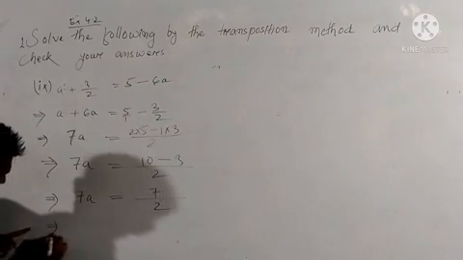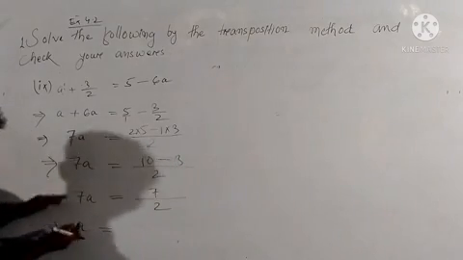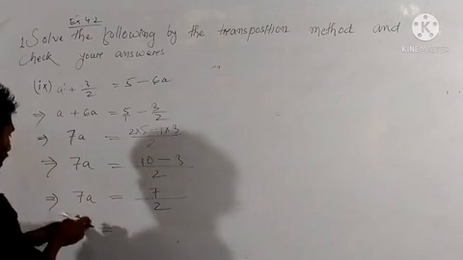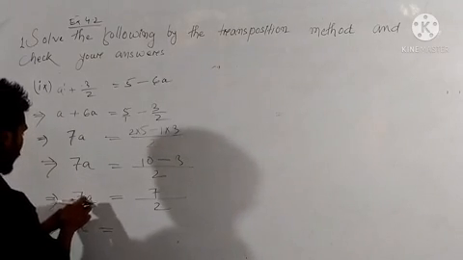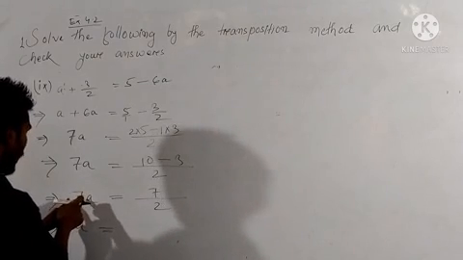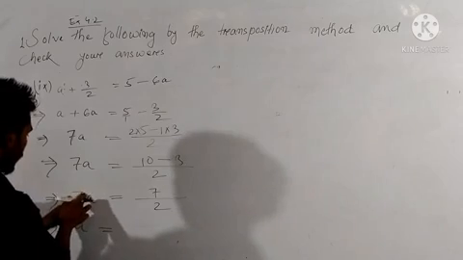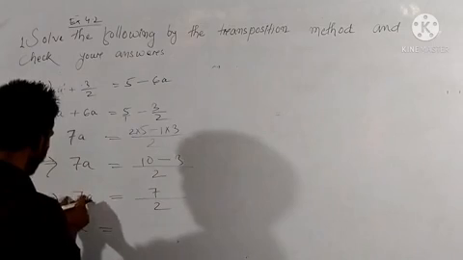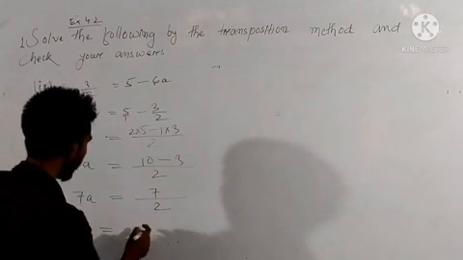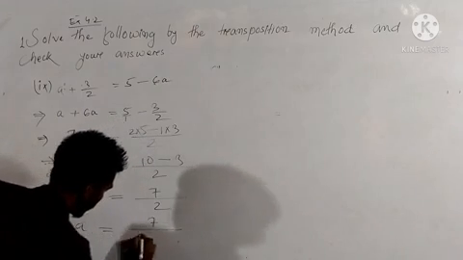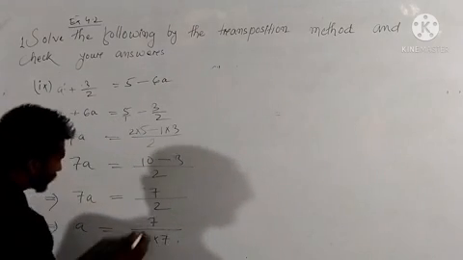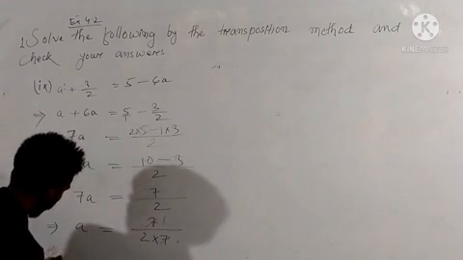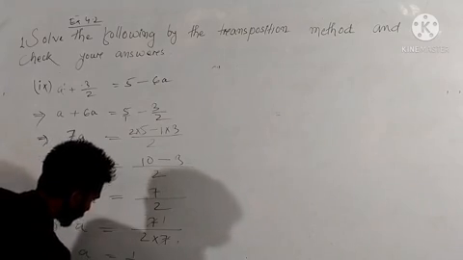Now to free the variable a, the number which is multiplied with a will go outside of the equal sign, and because it is multiplied, it becomes divide. The 7 and this 7 will be cancelled. Here 1 remains. So the value of a is equal to 1 by 2.